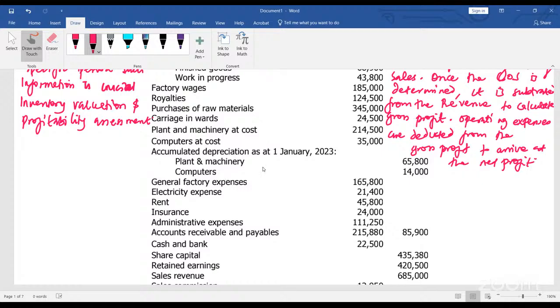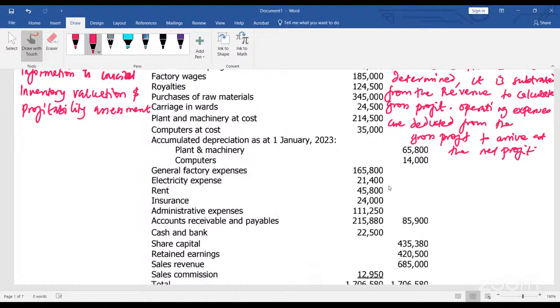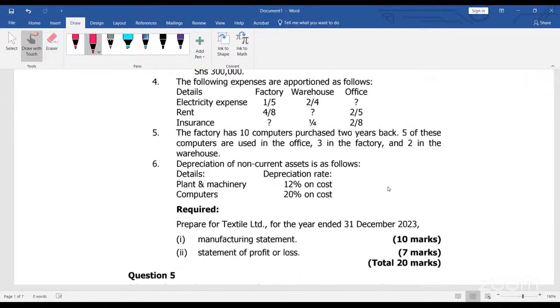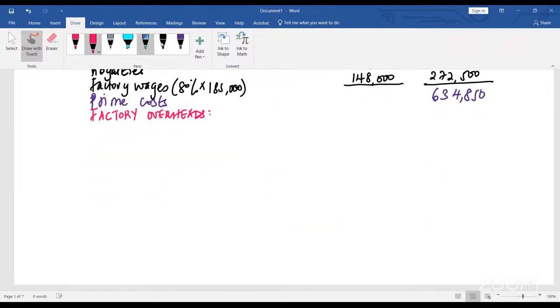The general factory expenses, 165,800. Let us start with general factory expenses. These are factory overheads.